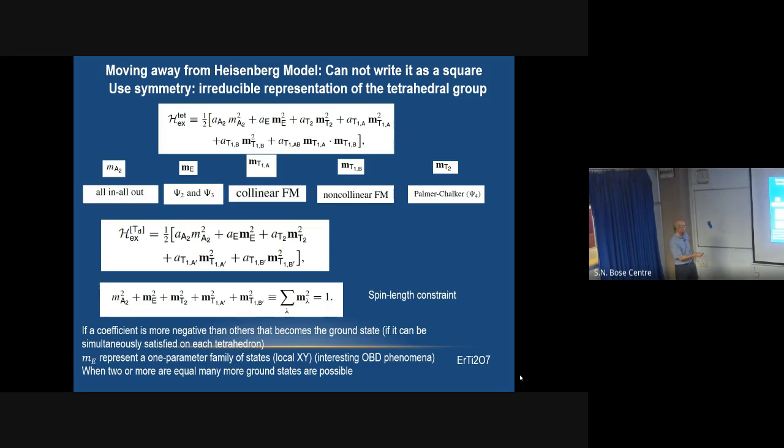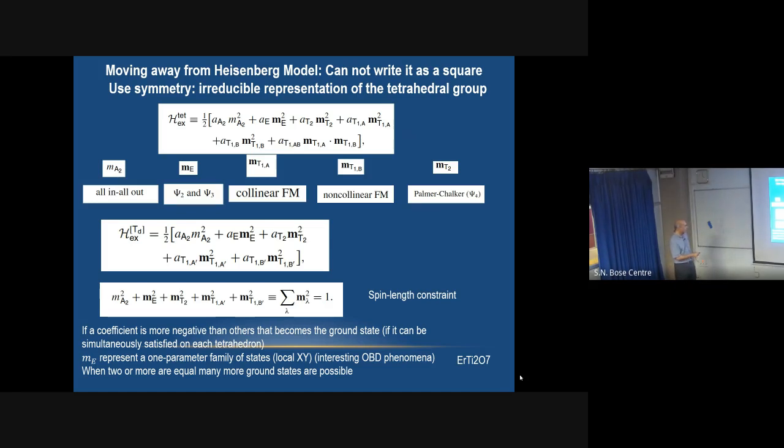You can ultimately write it in this form. These are squares of certain orders, like all-in all-out order, ferromagnetic order, something called the Palmer-Chalker, something called psi2 and psi3, or gamma 5 order. Not going into the detail of this, these are different irreducible representations of the tetrahedral group. The sum of the squares has to add up to 1. This is a spin length constraint.